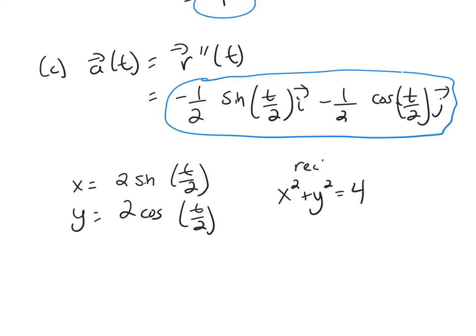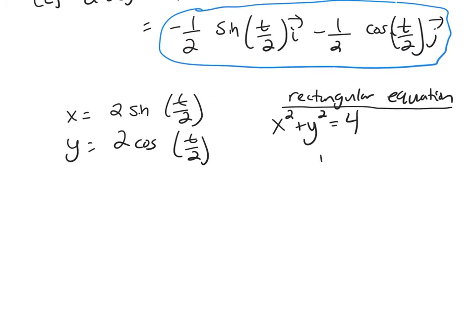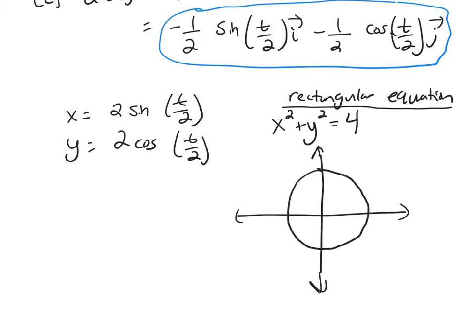And this is the rectangular equation we learned about in the previous section, and it's the equation of a circle. So this particle is moving along a circle of radius 2.